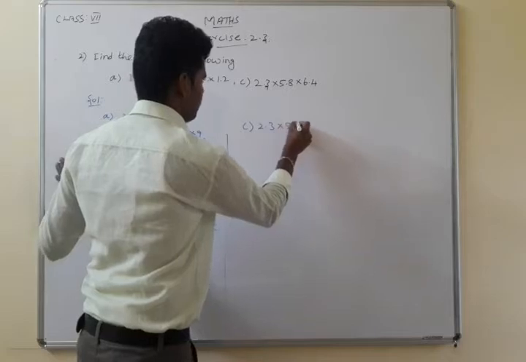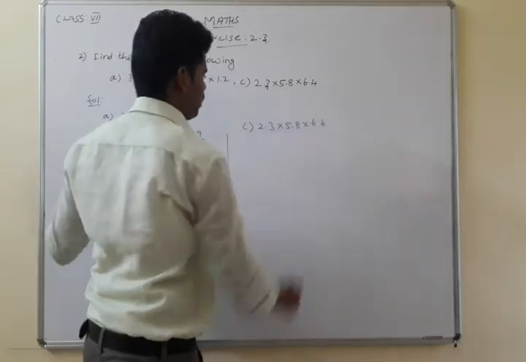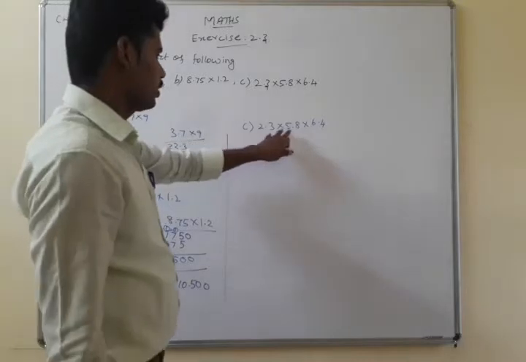2.3 into 5.8 into 6.4. Here there are 3 decimal numbers.